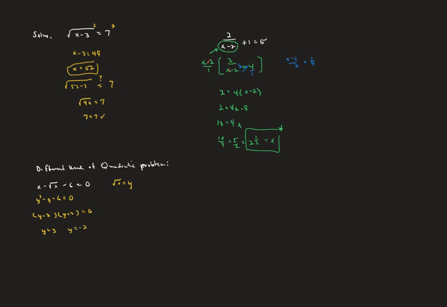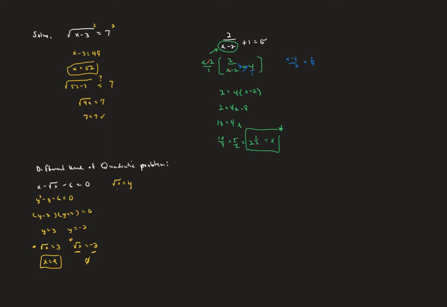Then we could go back and plug in square root of x for the y and say square root of x equals 3 or square root of x equals negative 2. Now we're okay here because we can square both sides and get x equals 9. You got to be careful here because remember a square root can't be equal to a negative. So that is actually not going to give us any meaningful solution, and 9 is our only good solution.